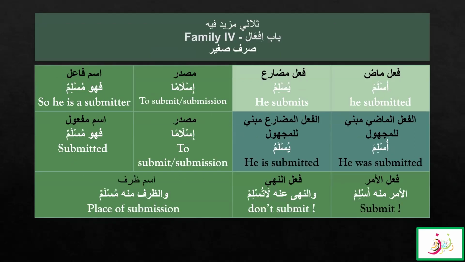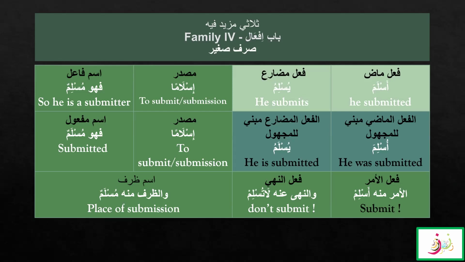For BabIf'al, family 4, again Saf Sagir. For Aslama, yuslimu, uslima, yuslamu, uslima, aslama, uslima. Again for uslima, uslimu, you are going to do it for Al Fa'il Madi Mabni Lil Majhul. You are going to recite this chart for this Fa'il Madi.